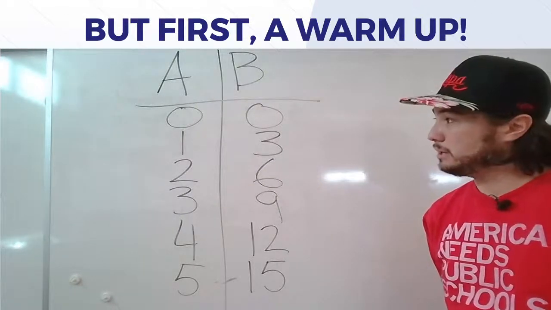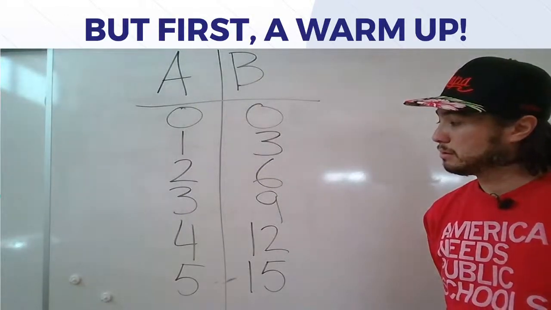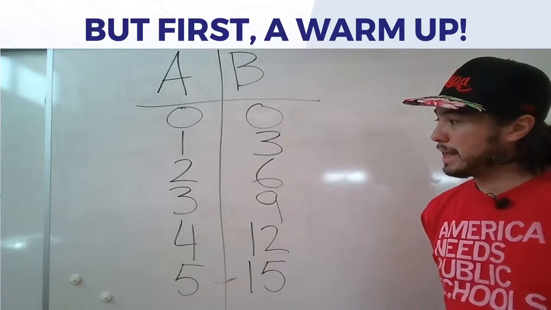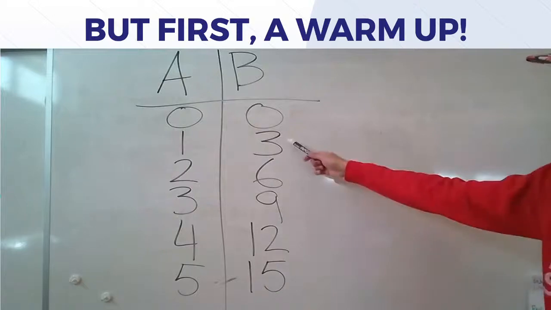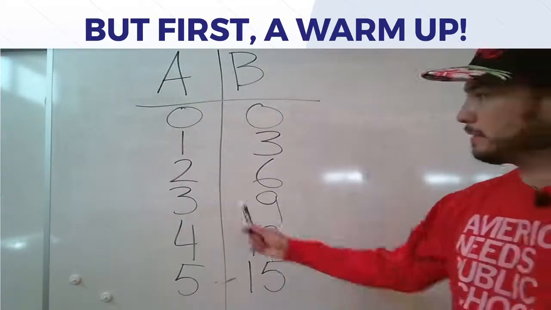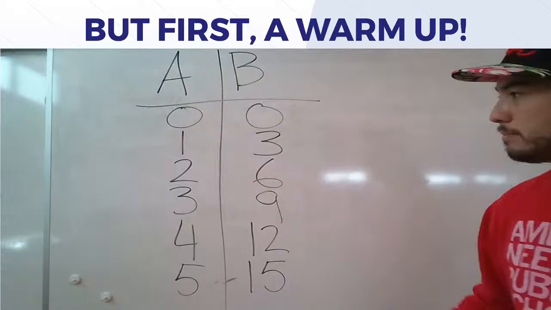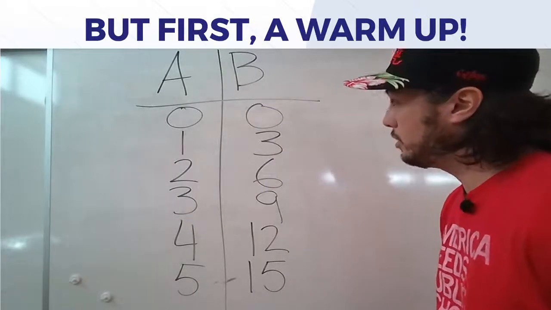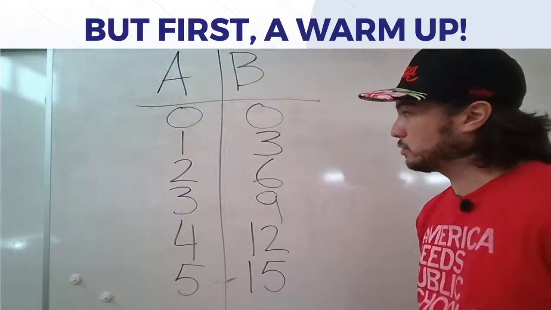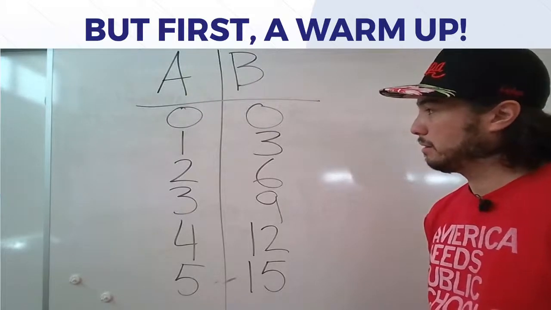What do you see? Think about how our A data is moving. Think about how our B data is moving. And then look across. Look at what could become our ordered pairs. What do we notice about the relationship between our A and our B?